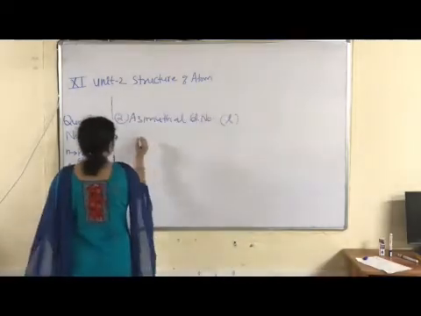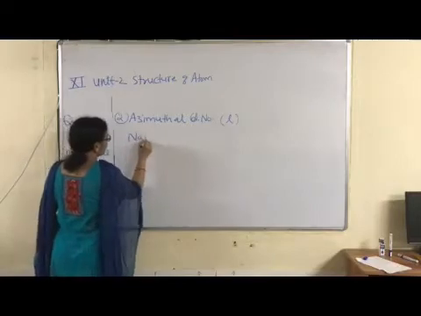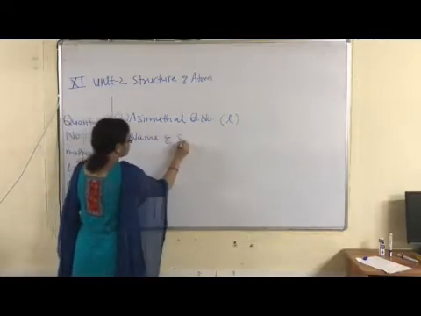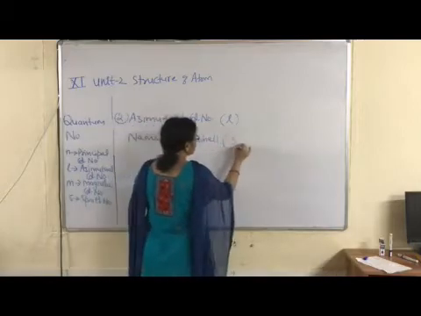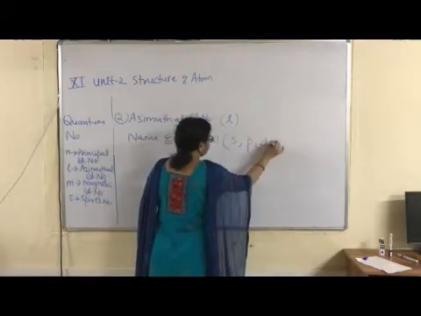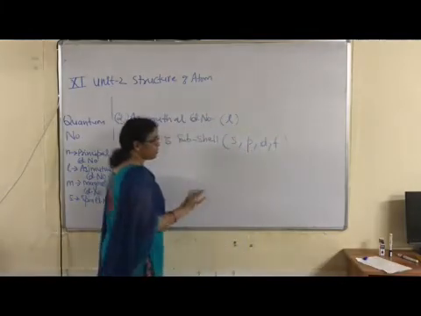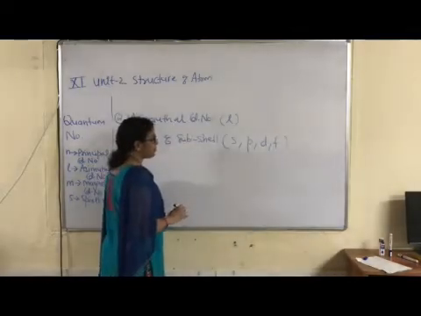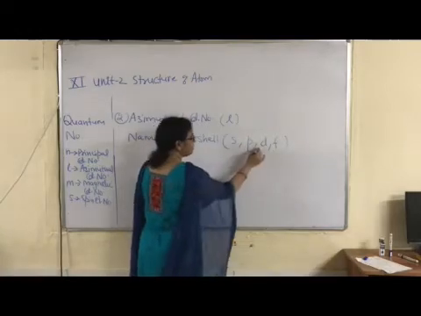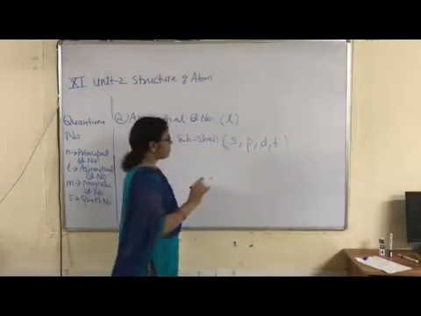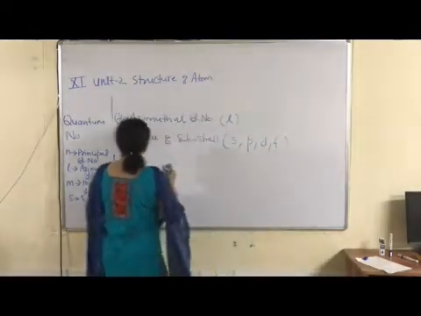So first is the name of the subshell, like s, p, d and f. All these initials come from spectroscopy: s denotes sharp, p principal, d diffuse and f fundamental.